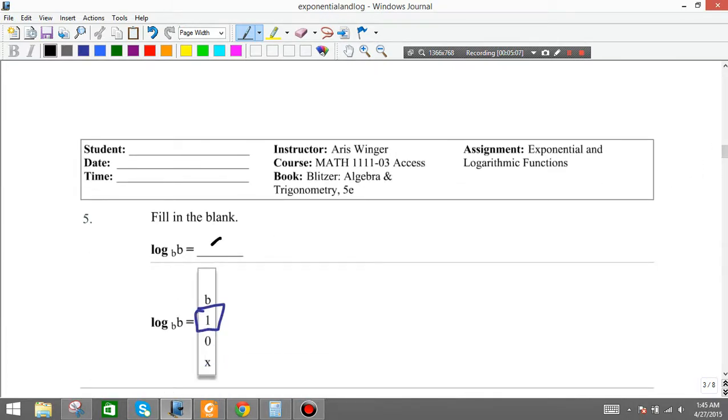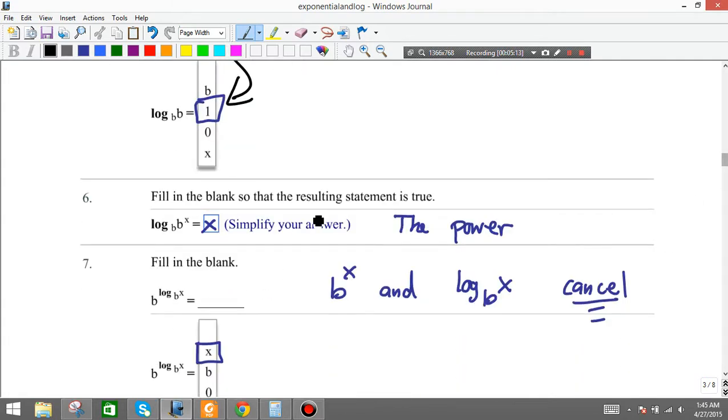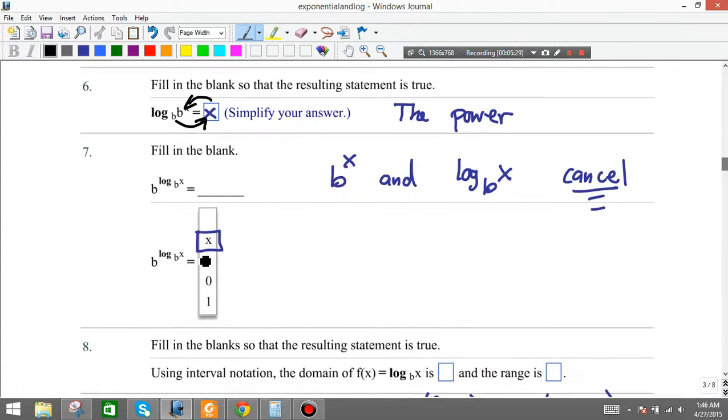Log base b of b is equal to 1. The power you need to raise b to get b to the x is x. B to the x is equal to b to the x because it's the power. And b and log base b of x cancel, leaving you with only x. So b to log base b of anything is just that thing.